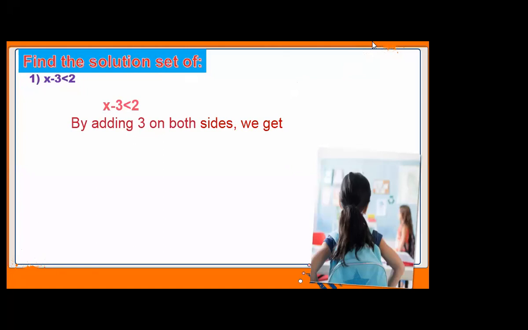Okay, first we have to write the question. Then we have to write down this line that by adding 3 on both sides, we get what? First, tell me one thing, that when there is a question of inequality, this symbol is used when inequations are there.